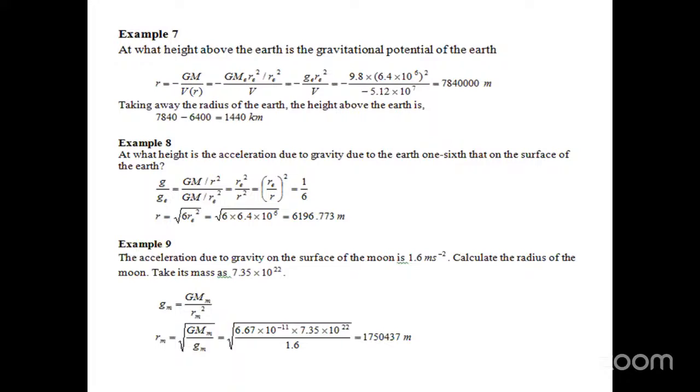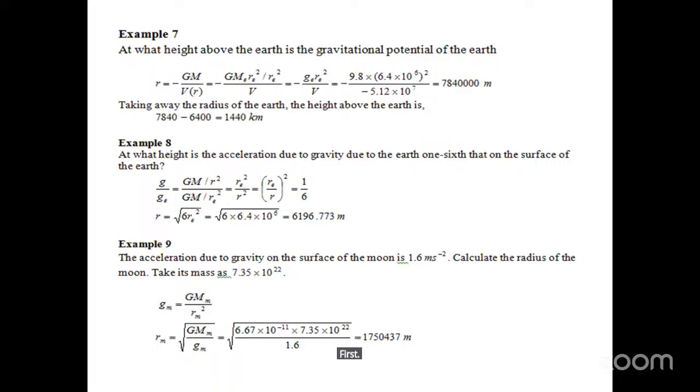Please explain how in example 7 g becomes G M_E R_E squared over R_E squared. Figure that out on your own.